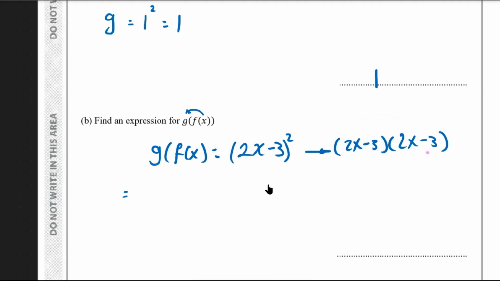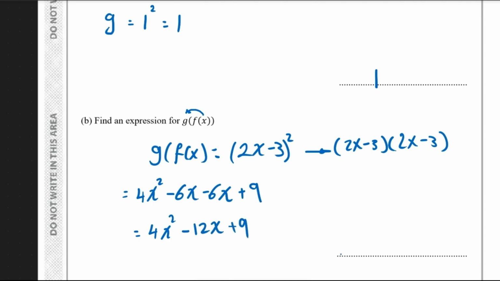So how to do this one? 2x times 2x is 4x squared, and 2x times minus 3 is minus 6x, and then minus 3 times 2x is minus 6x, and minus 3 times minus 3 is plus 9, which would be 4x squared minus 12x plus 9, and this is the expression that we're looking for.